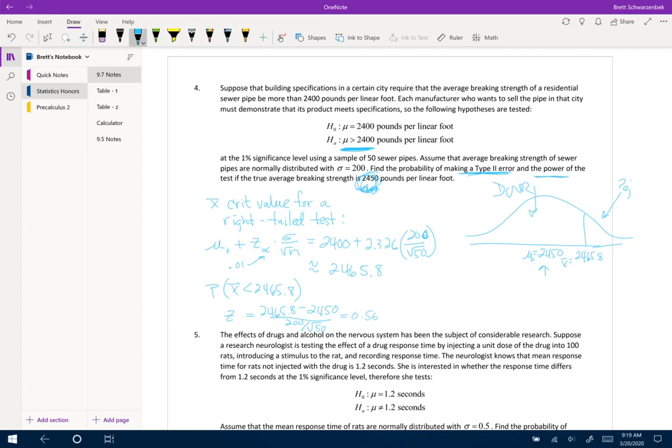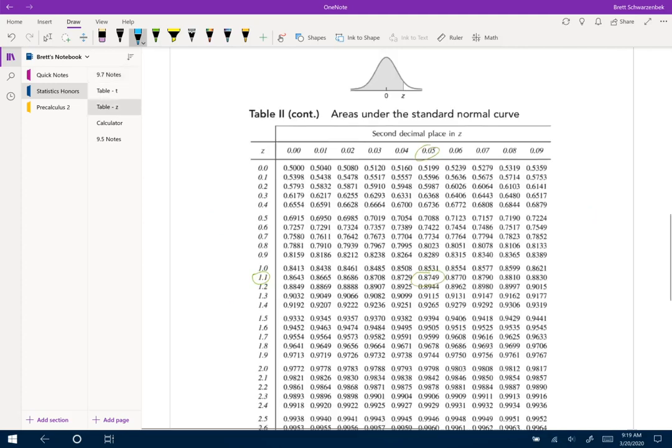Remember, 0 is 0 now. Z is equal to 0.56. So we're looking for the probability that Z is less than 0.56. So we simply look that up in the Z table. Now, luckily, unlike last time, all we have to do is look up that value and we're going to get what we need.